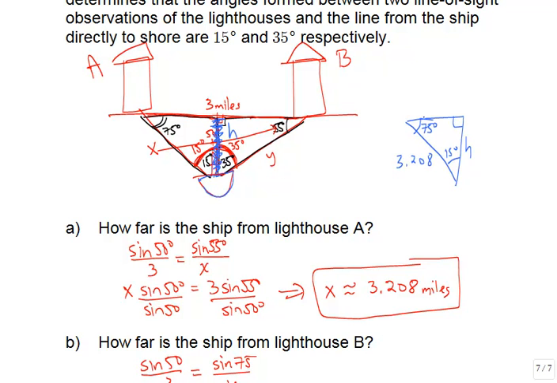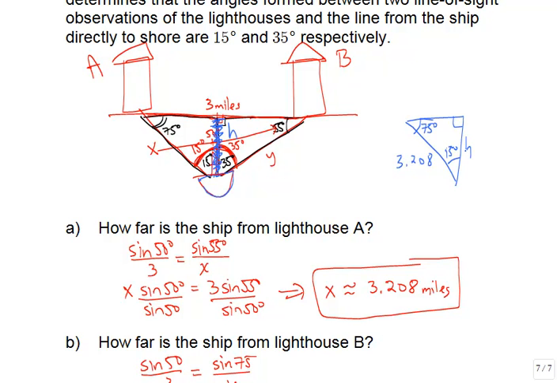We still don't know what this side is over here. But it's not going to matter because even though this is a right triangle, you can use law of sines. It still applies. Law of sines applies to any kind of triangle, and you could do sine of 90 over this 3.208 equals sine of 75 over h.